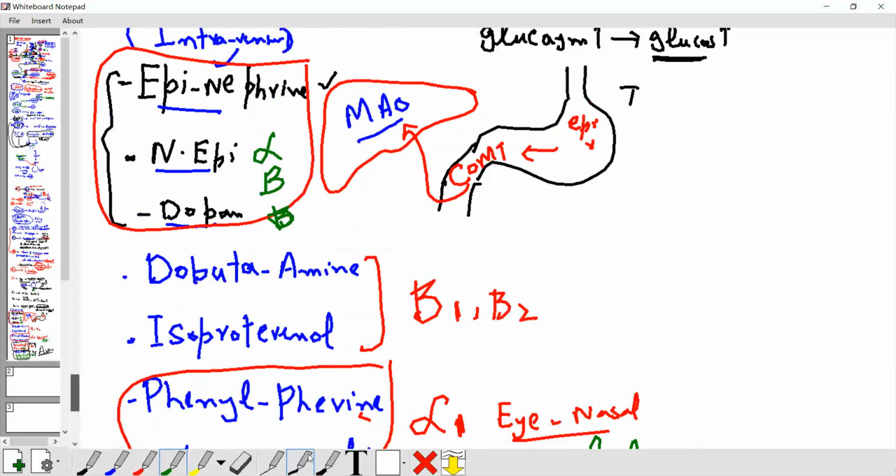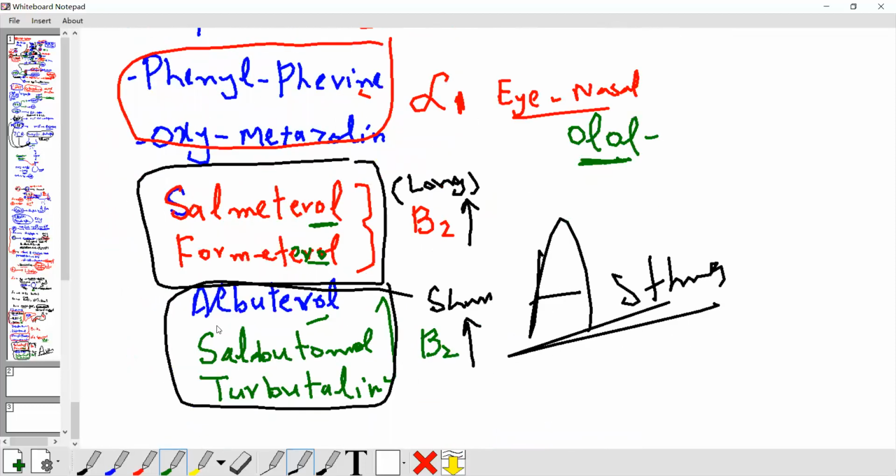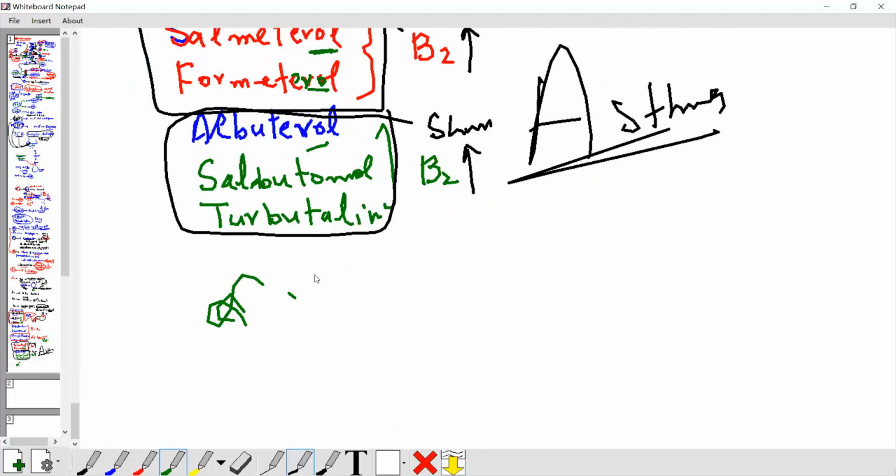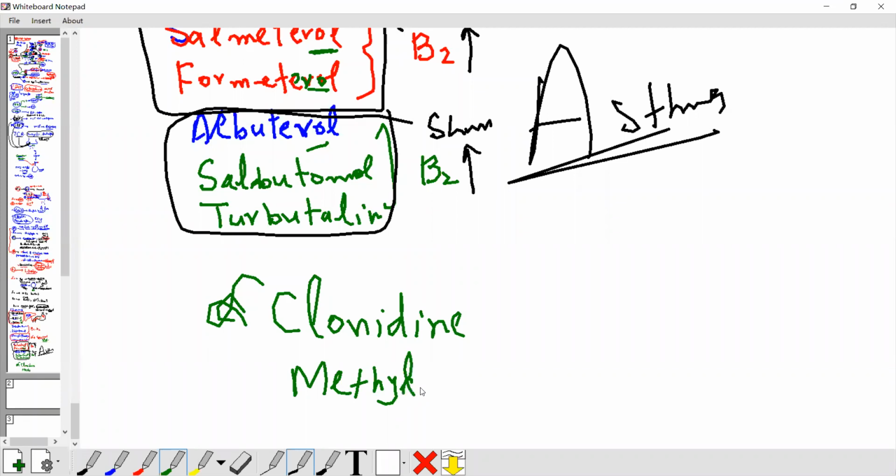Which receptor is left? Alpha 2, yes. Selective alpha 2. For alpha 2 we have clonidine and methyldopa. These two drugs are for alpha 2.